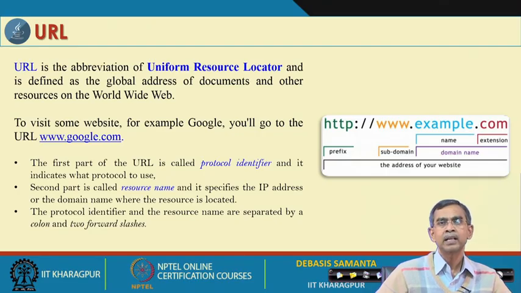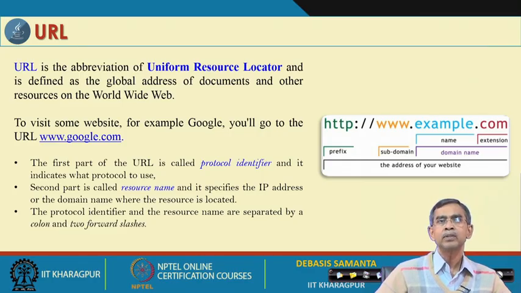So, different countries have different extensions of the domain name. .com is for commercial web documents, .org for organizations, .edu for educational institutions. So, these are the different organization-wise names.